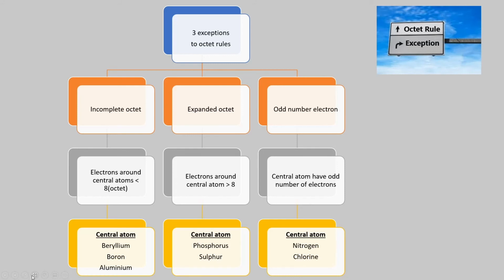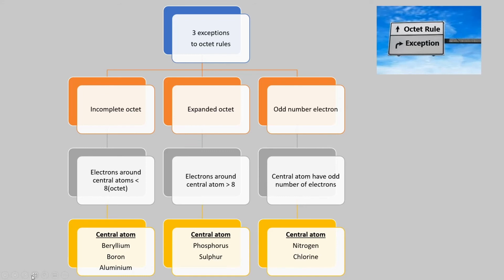So, untuk incomplete, semalam kita buat aluminium fluoride kot, kalau tak salah. Kita dapat incomplete. So, central atom, dia kurang daripada 8 electrons. So, dia dapat 6 rasanya. While expanded, kita akan dapat more than 8. Odd number, you tahu kan odd? Ganjil. Yes, ganjil.